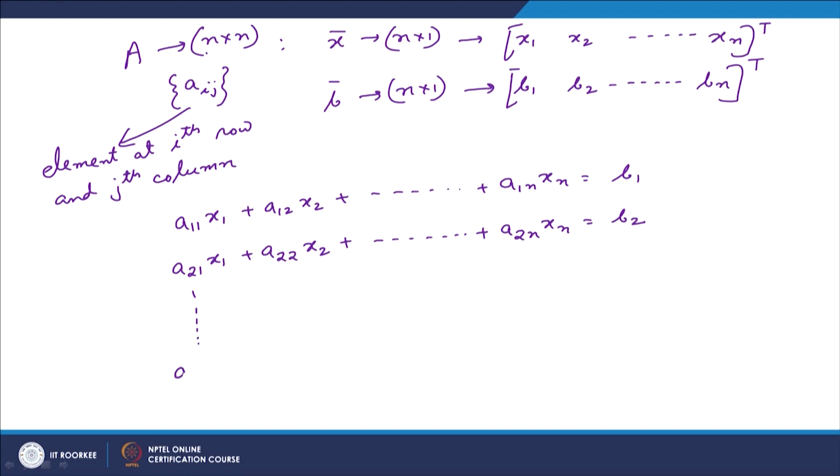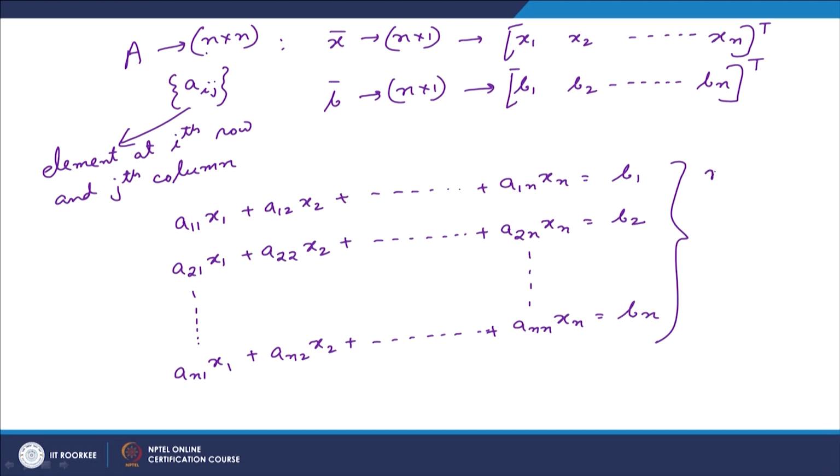If we keep on doing this, an1 x1 plus an2 x2 plus up to ann xn is equal to bn. So, we have got n simultaneous linear equations, where n can be any value.